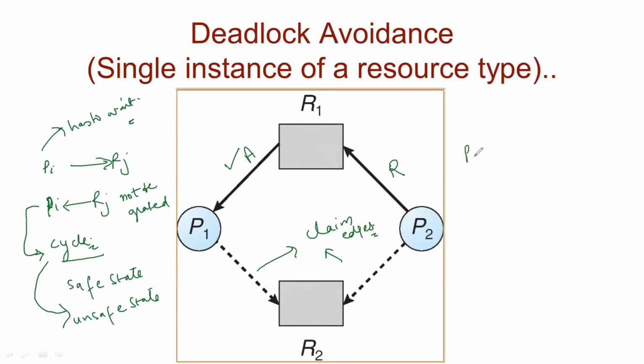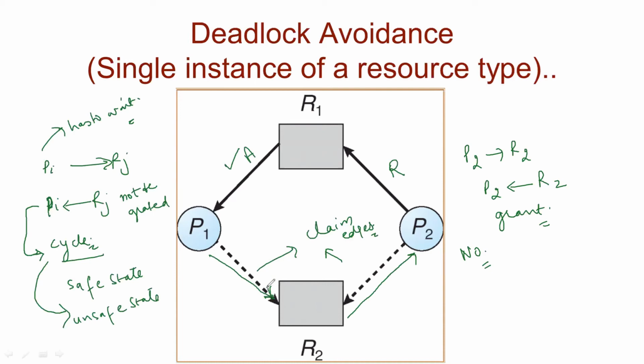Now let's say P2 requests resource R2. If you convert this request edge into an assignment edge in this graph, it will be like this. That is, if you grant the request of P2, then the edge will become like this. Can you do this assignment? No. Why? If you allocate this resource R2 to P2, what will happen if P1 requests R1?